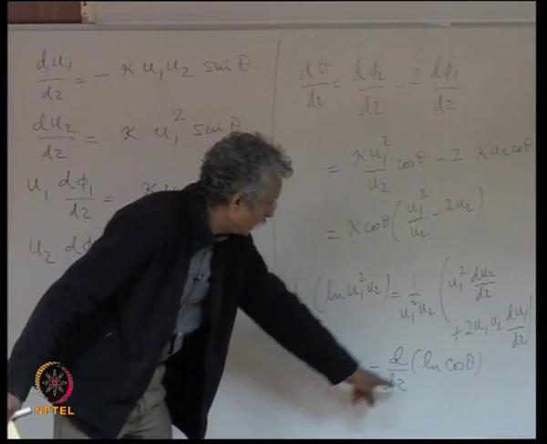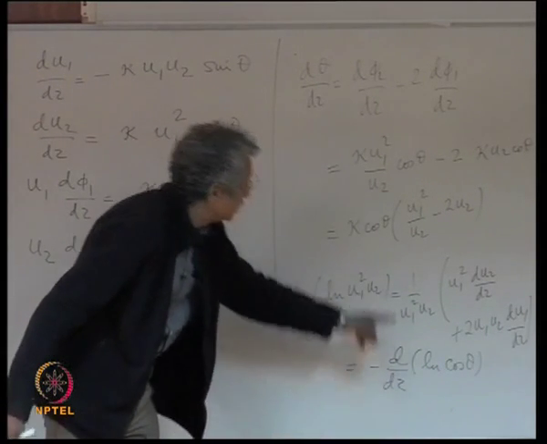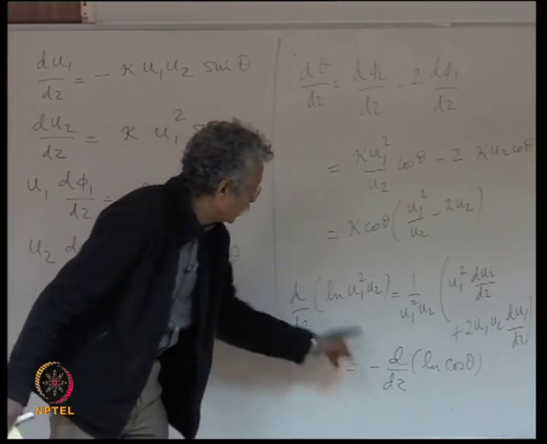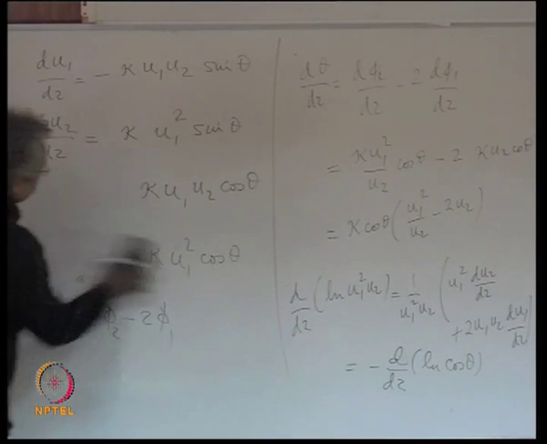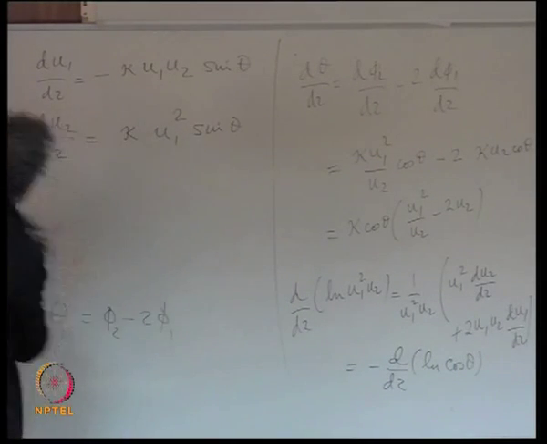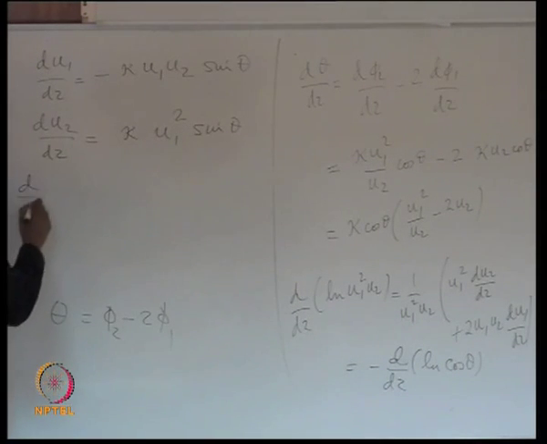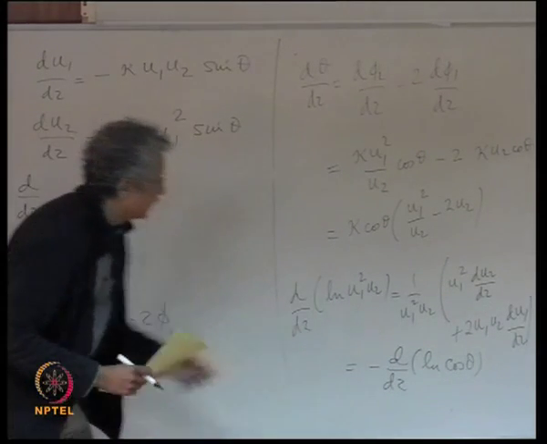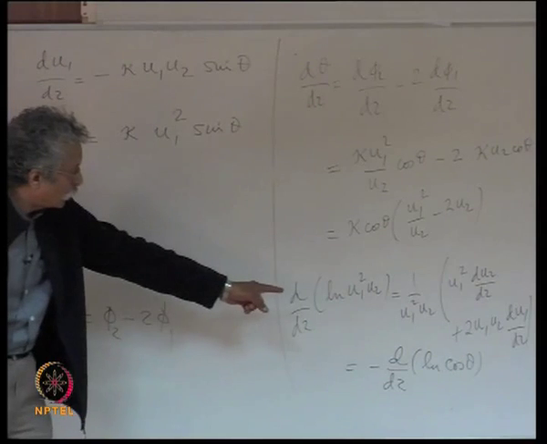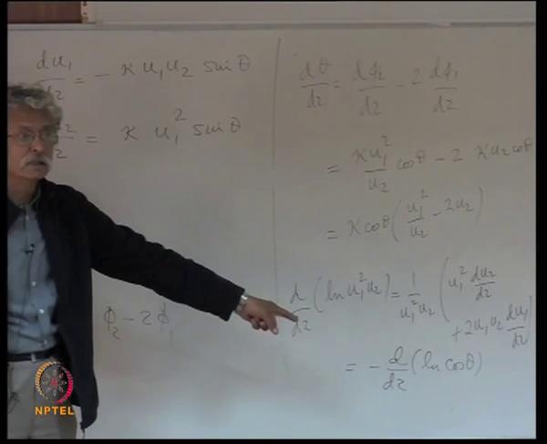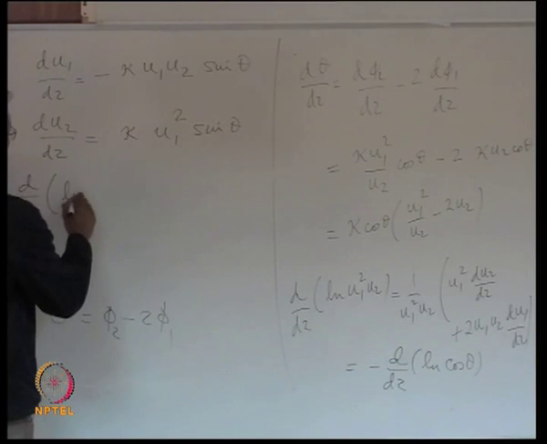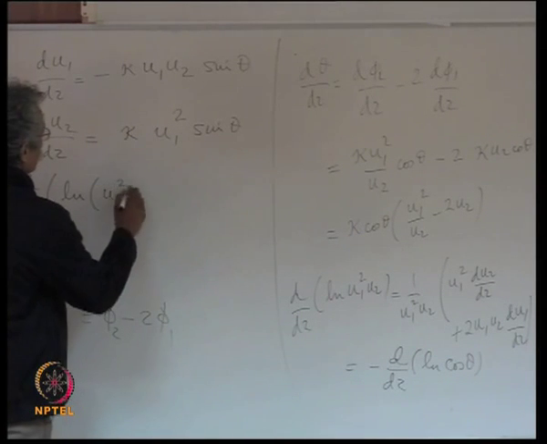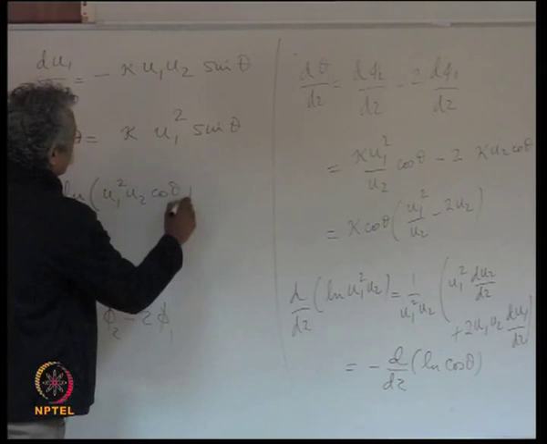If you expand this, you can use the equation for d theta by dz and show that these two are equal, which implies that d by dz of log u1 square u2 plus log cos theta is equal to 0. So what does it imply? Log of u1 square u2 cos theta is equal to 0.